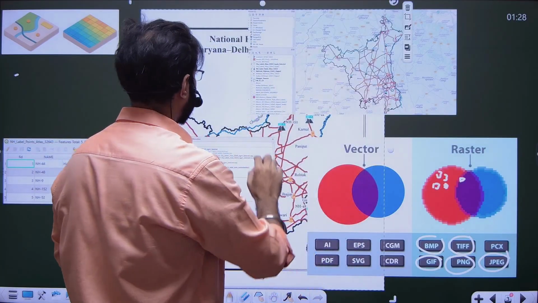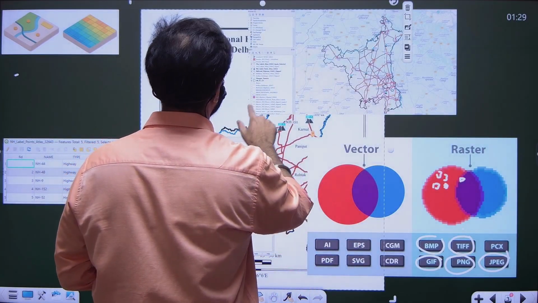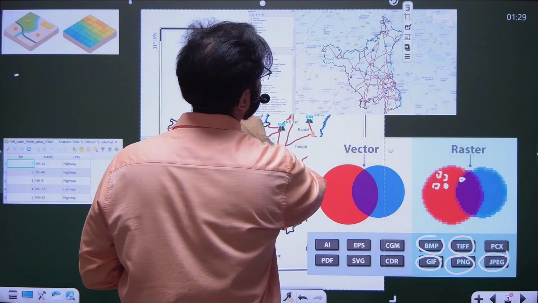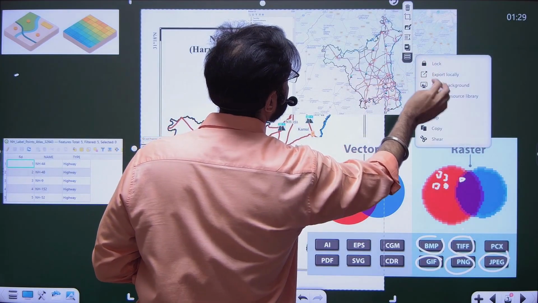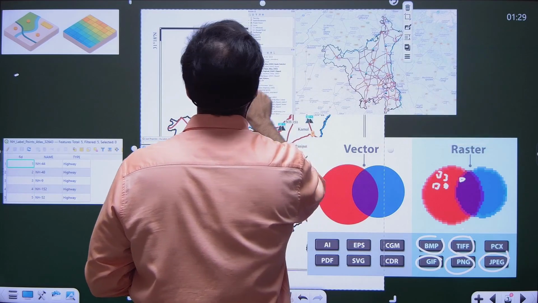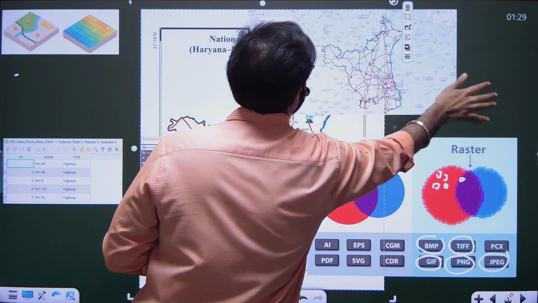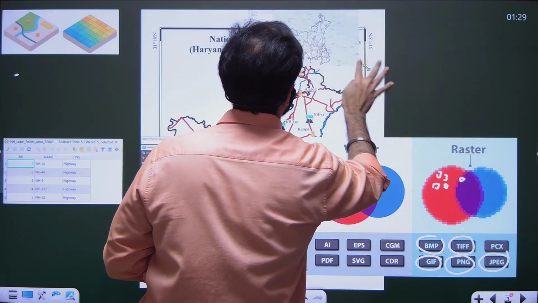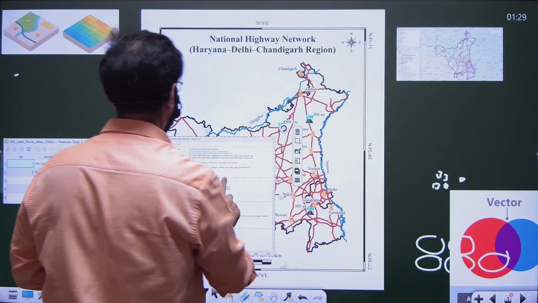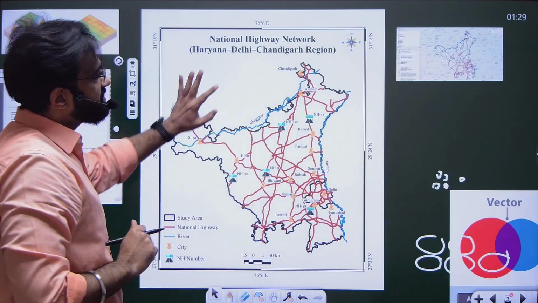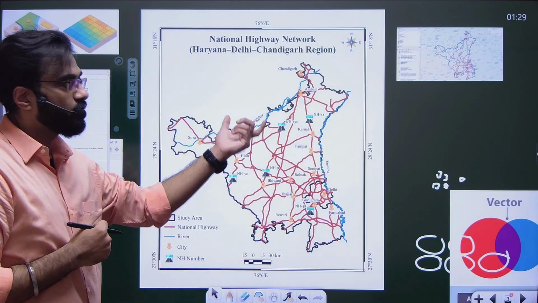So this is a map that I created through QGIS.